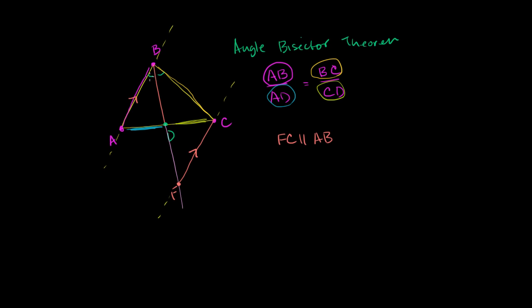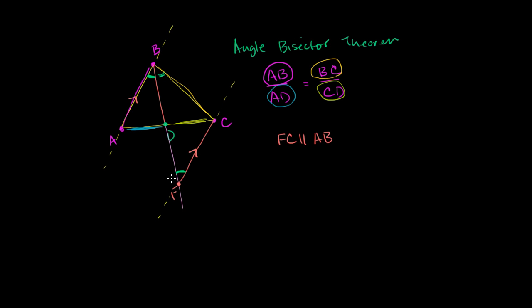Then whatever this angle is, this angle is going to be as well, from alternate interior angles, which we've talked a lot about when we first talked about angles with transversals. So these two angles are going to be the same. But this angle and this angle are also going to be the same, because this angle and that angle are the same. This is a bisector. Because this is a bisector, we know that angle ABD is the same as angle DBC. So whatever this angle is, that angle is, and so is this angle.